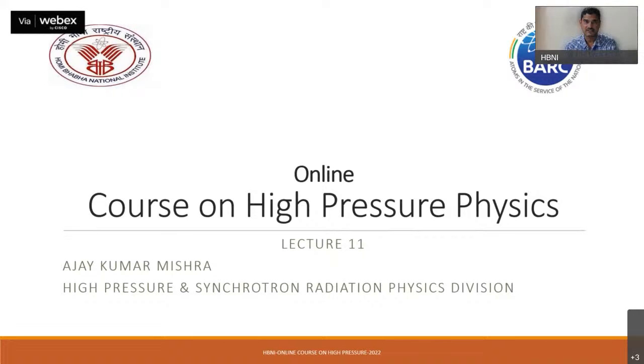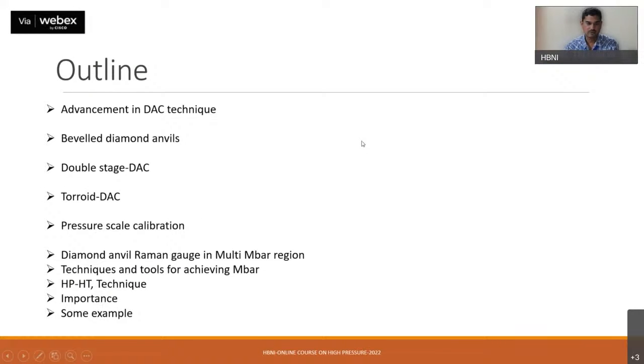So today I will start from the point where we left off in the last lecture, the 10th lecture. The outline of this talk: I will continue with the advancements in DAC techniques, and then I will talk about the bevelled diamond anvils in detail.